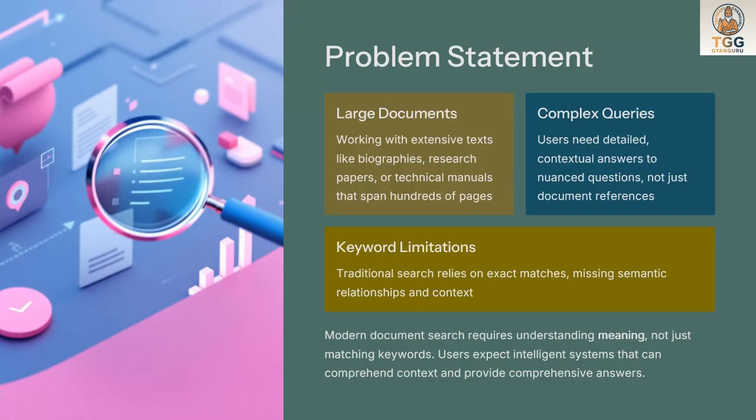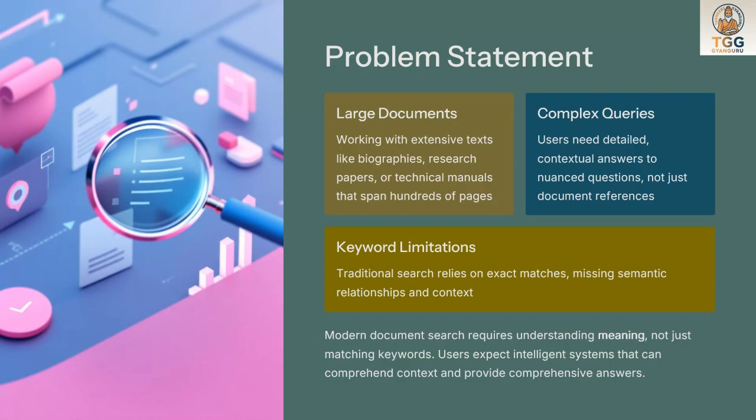Let's talk about the problem statement. Document search is a fundamental task in many applications such as customer support, research, and information retrieval. However, searching a large text dataset using traditional keyword search often fails to capture context, resulting in irrelevant or incomplete answers.